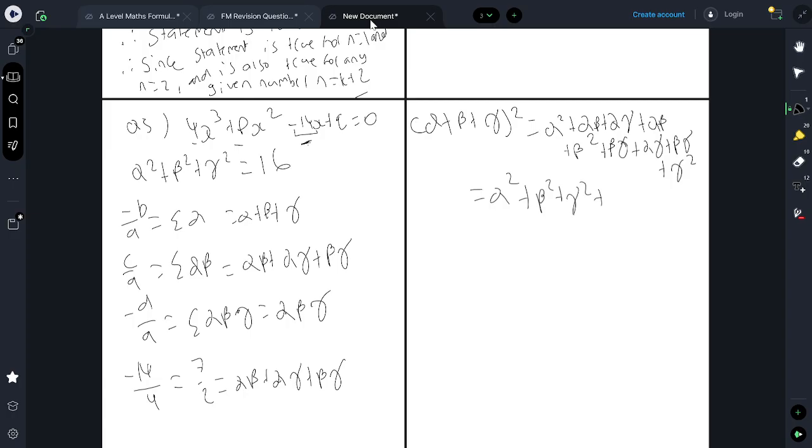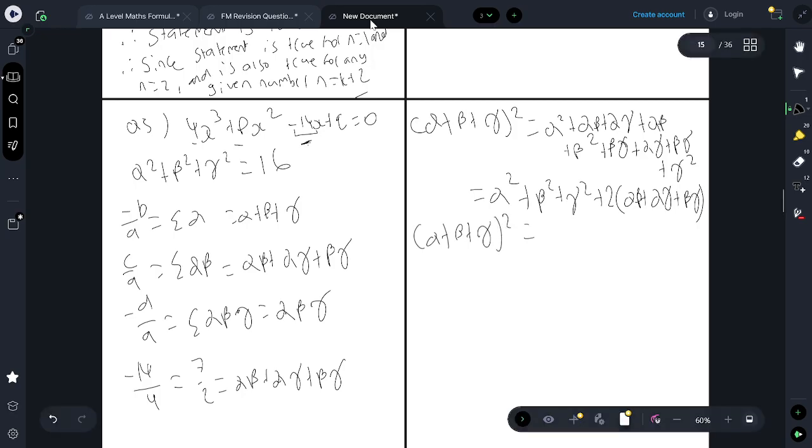And notice alpha beta is twice, alpha gamma is twice, and beta gamma is twice. So this is two lots of alpha beta plus alpha gamma plus beta gamma, right? But do we not know expressions for both of these? I think we do.